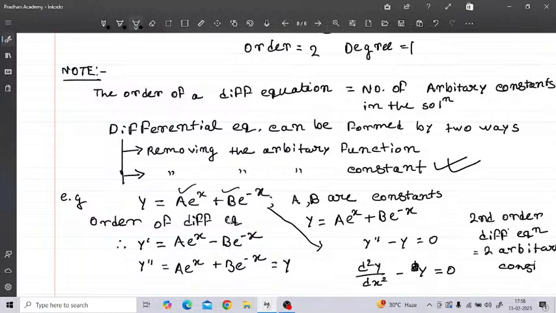From this trick you can easily get the order of the differential equation without solving it, or without forming the differential equation. It can also work vice versa: if the question asks the number of arbitrary constants in your solution, you can easily say that the number of arbitrary constants equals the order.